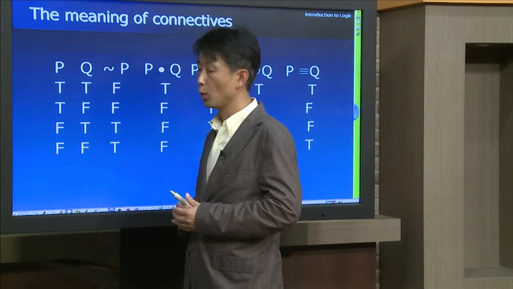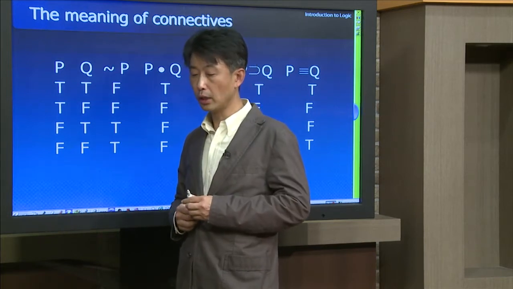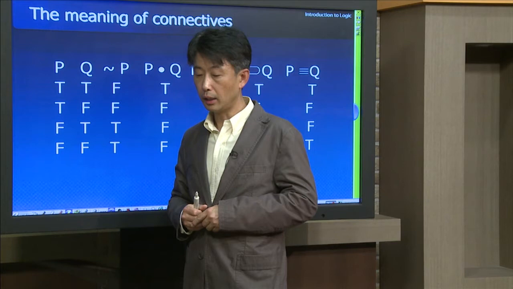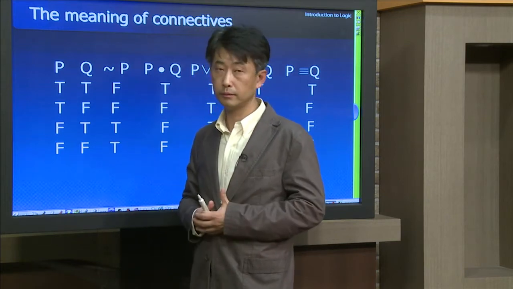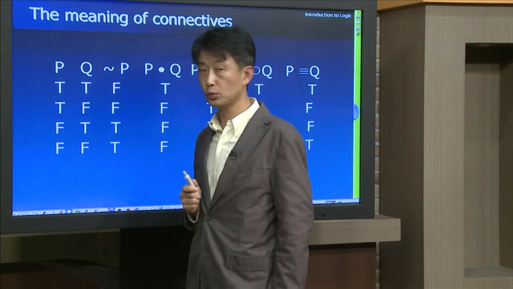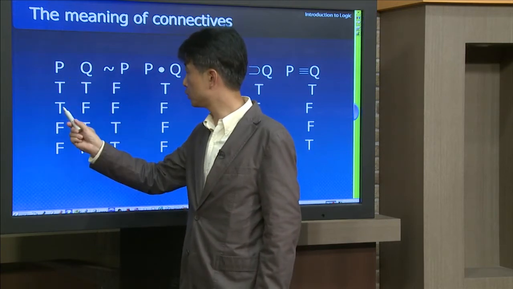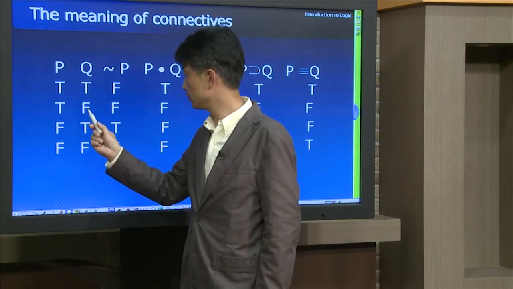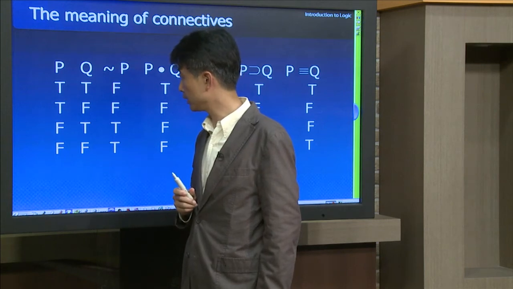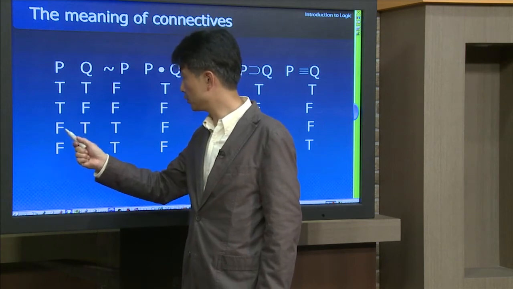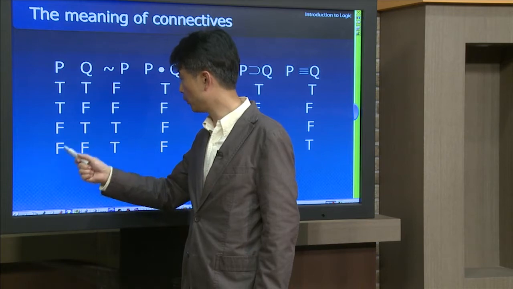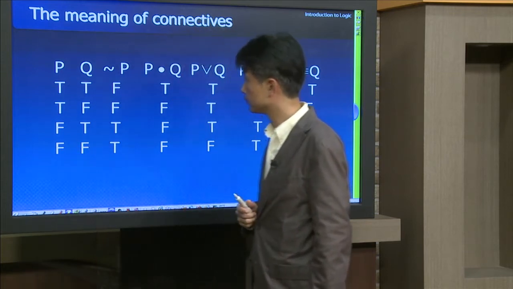For example, when you toss 2 coins, both of them can turn up heads. So TT is one possibility. P can be true and Q can be false. That's the second possibility. P can be false and Q can be true, and both of them can be false.